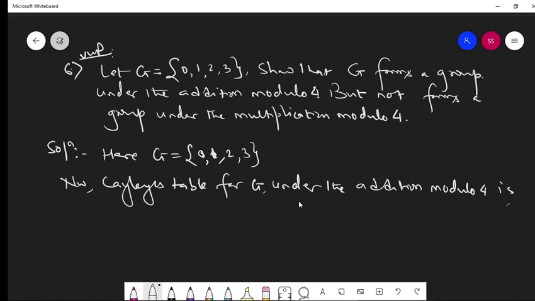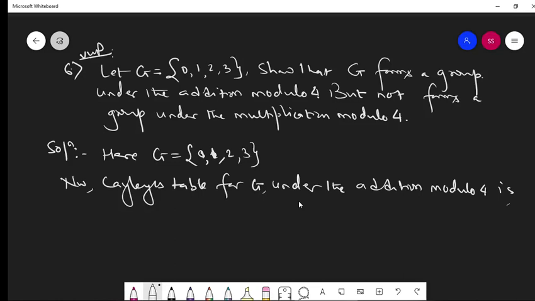The result is true for all the elements of G under the addition modulo 4. If instead of 1, 2, 3 you take other elements also, 0, 1, 2, you will get the same result.